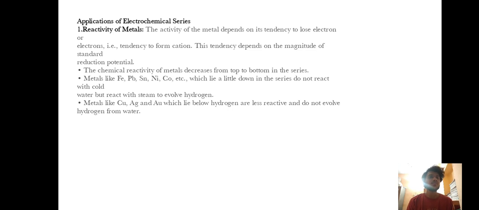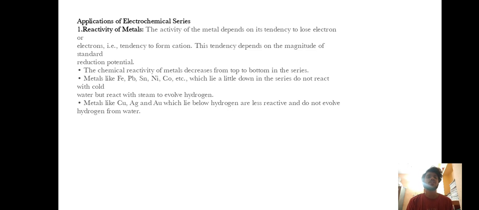The activity of a metal depends on its tendency to lose electrons, i.e. tendency to form cations. This tendency depends on the magnitude of standard reduction potential. First point, the chemical reactivity of metals decreases from top to bottom in the series.